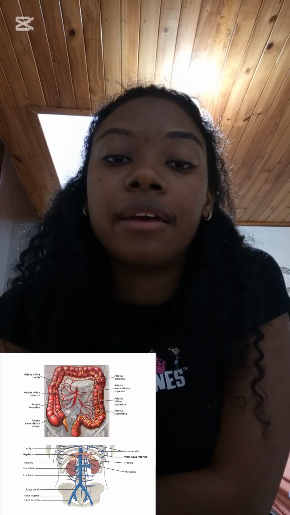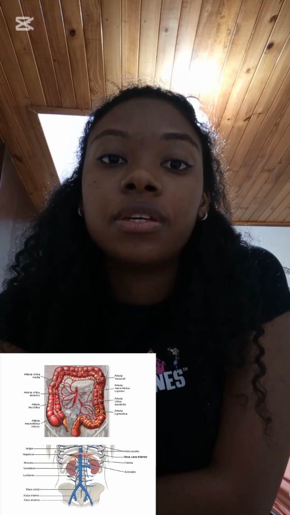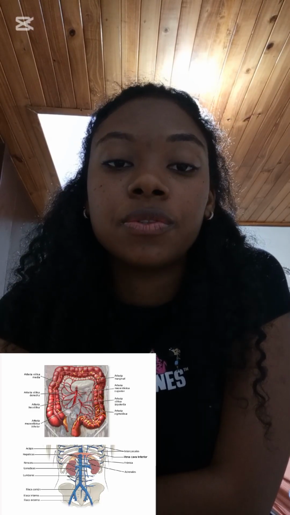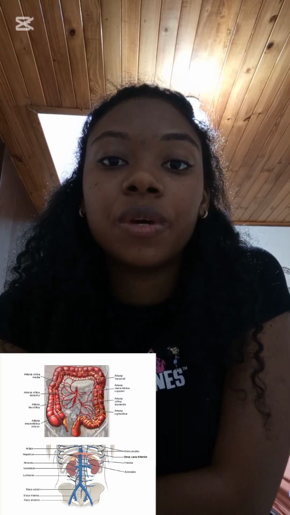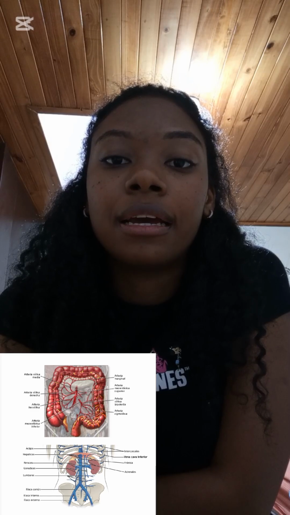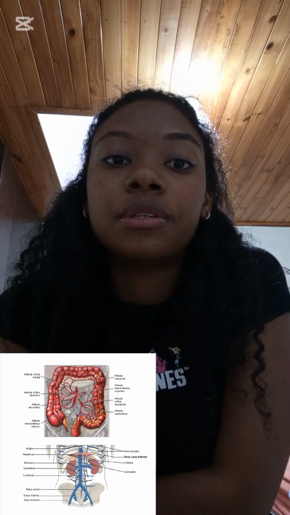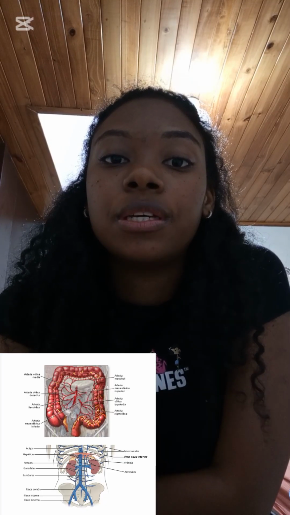The right and left hepatic ducts unite to form the common hepatic duct, which connects with the cystic duct of the gallbladder to create the common bile duct. This duct passes beneath the duodenum and behind the pancreas to finally empty into the small intestine.